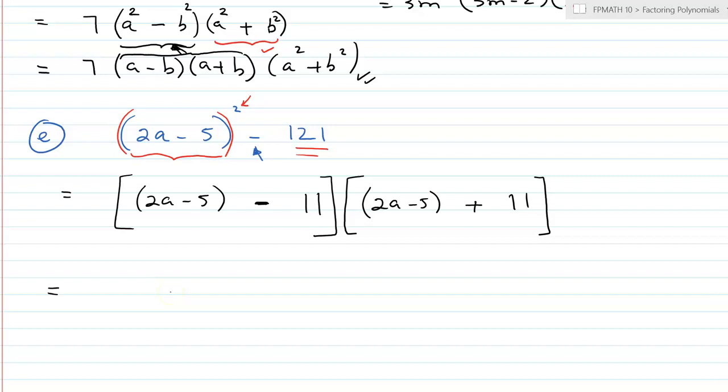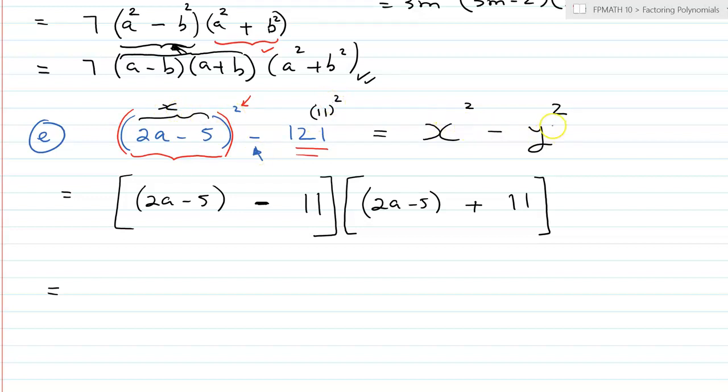All right, so if I would have written this as x squared minus y squared, where this would have been your x, and 121 would have been written as 11 squared, you notice that you will have x squared minus 11 squared.